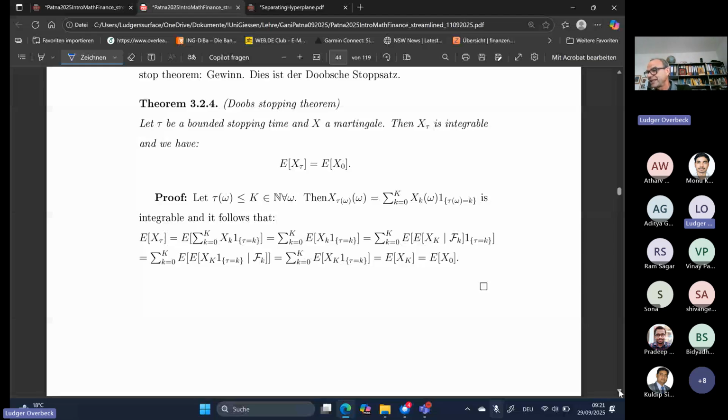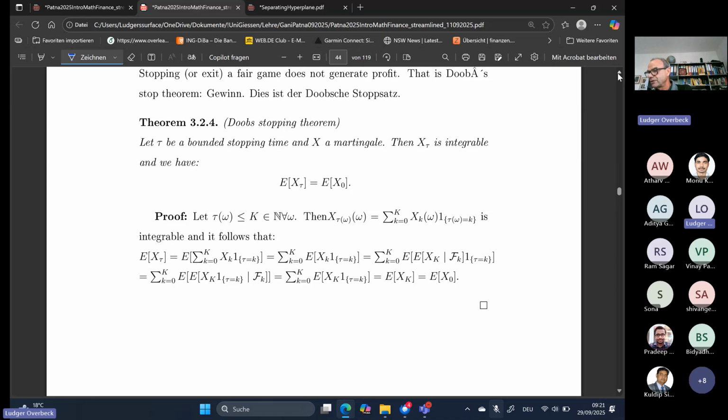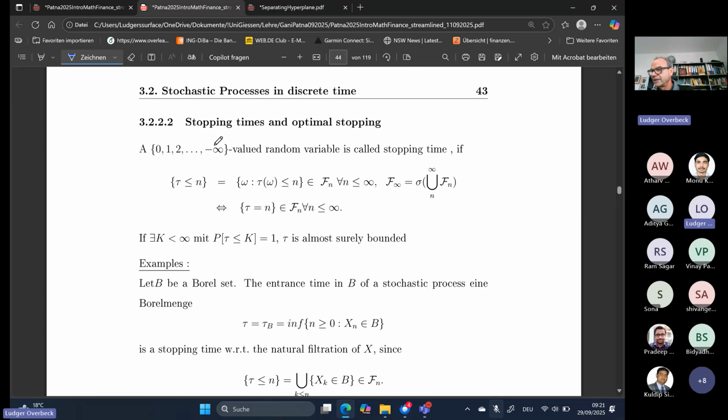Of course, what is the stopping time? It takes values in the natural numbers, plus infinity.